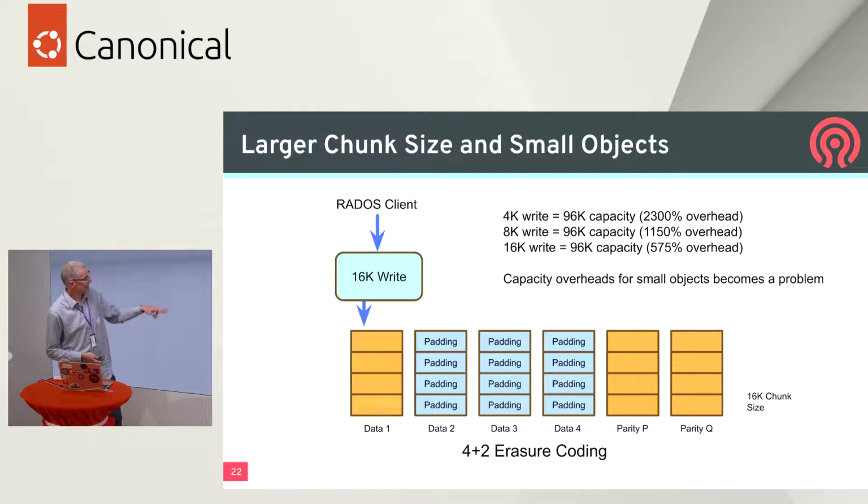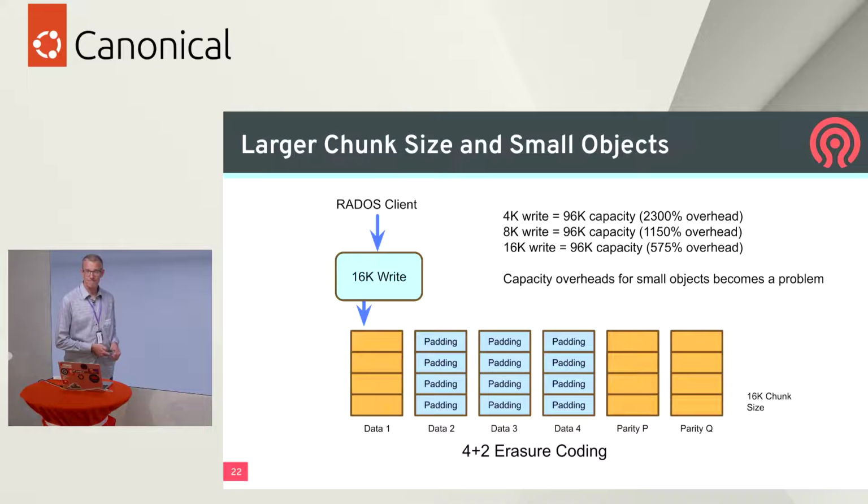So you can see, for just a small 4K write, we're up to 2,300% overheads for storing that 4K object. I don't think anyone thinks that's an acceptable overhead. If I chose a 256K default chunk size, obviously the problem's going to be 16 times worse.